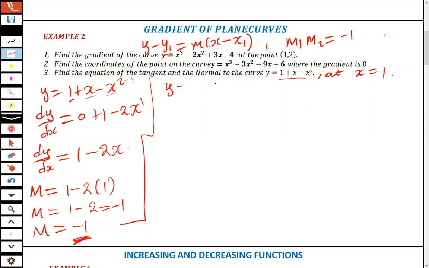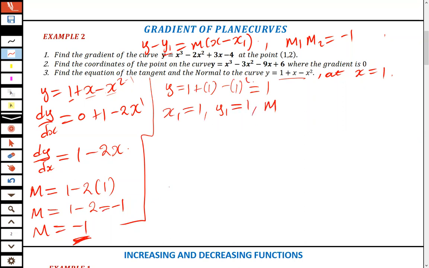So you say y is equal to 1 plus, what is x? We put 1, then we have -1 squared. When you simplify this, you just get the value of y to be 1. Hence, we have our x1 is equal to 1, and our y1 is equal to 1 as well.